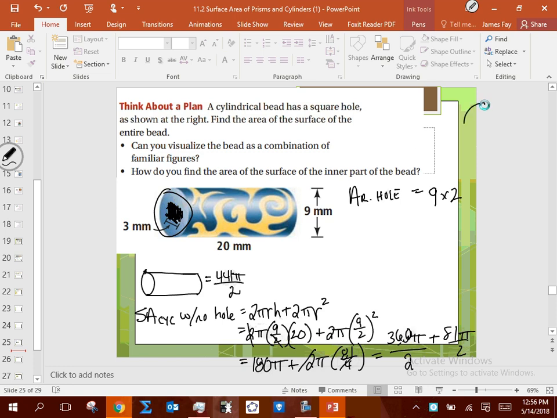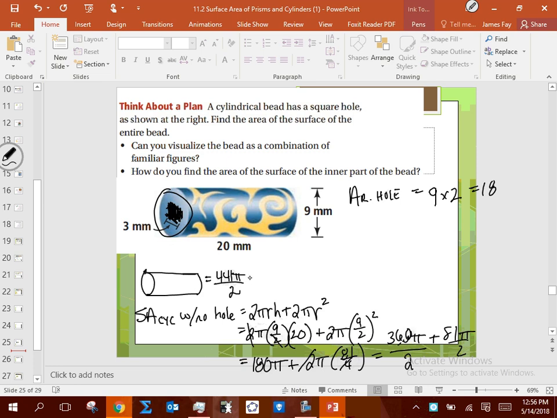So if I'm looking at this straight on, that circle right there, we know that area is inside this 441 pi over 2, right? We are now removing 9 from that, right? Is the other end of the cylinder going to be the same circle with the same square cut out? So area-wise, I've just removed 18 square millimeters. Does that make sense?